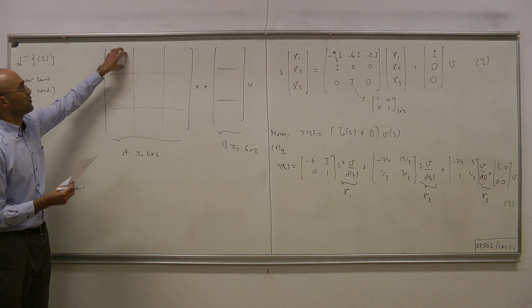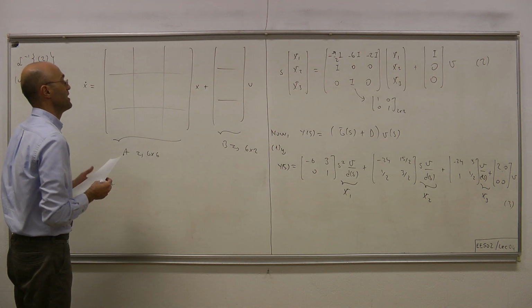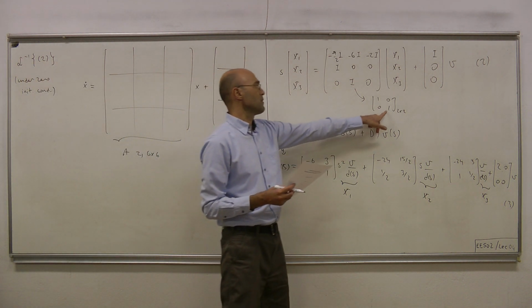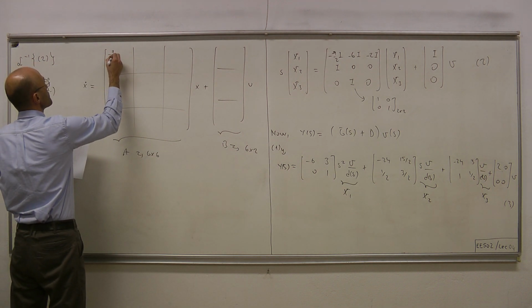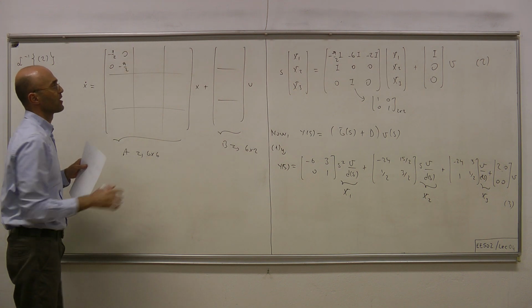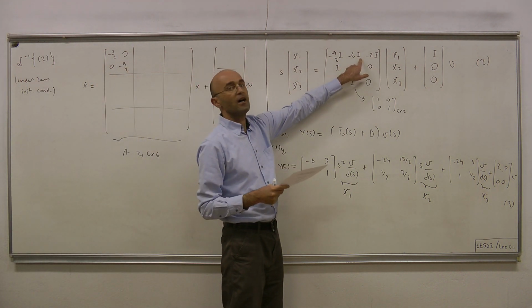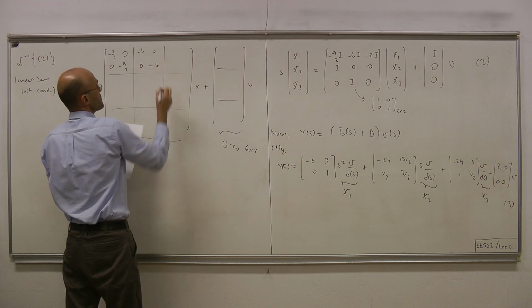Okay. This entry is minus 9 over 2 times identity matrix, and by identity matrix we mean the 2 by 2 identity matrix. So that means we have minus 9 over 2, minus 9 over 2, 0, 0. This is minus 6 times identity matrix. So that means minus 6, 0, 0, minus 6.